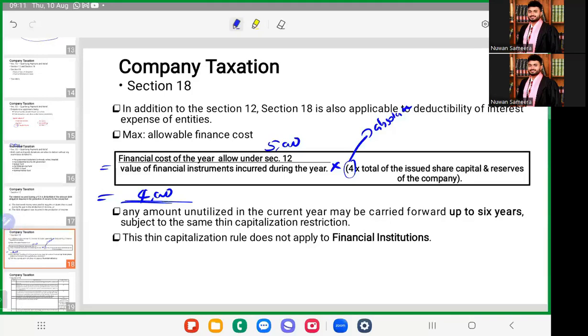That is the application of company taxation under sections 12 and 18.